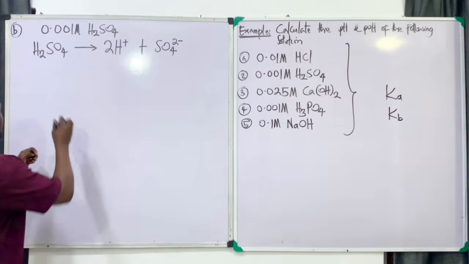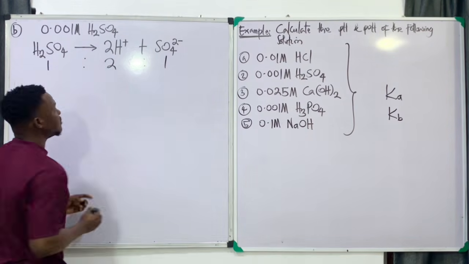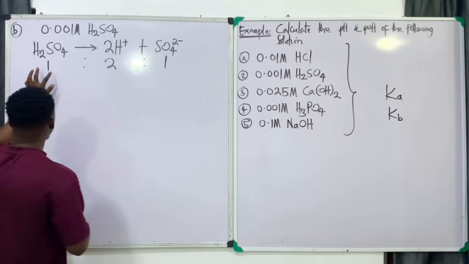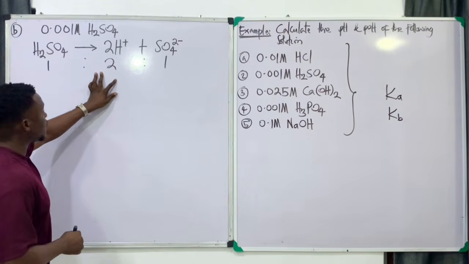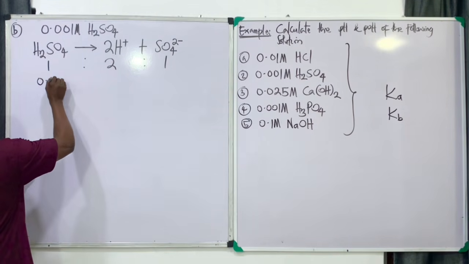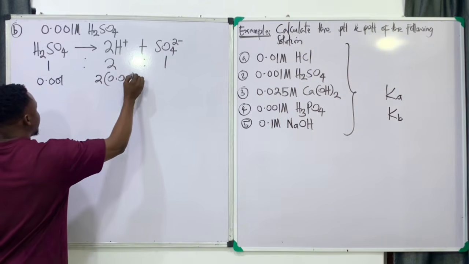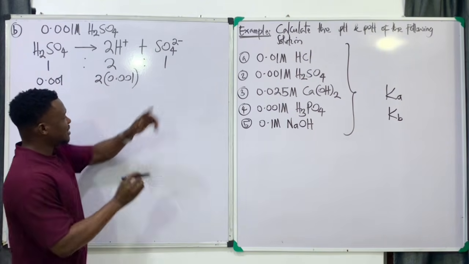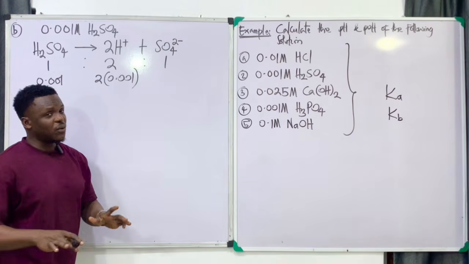Now the ratio here is going to be 1:2:1, which means if here is 1, here will be 2. So if here is 0.001, here will be 0.002. So we'll say this is 0.001, and this guy will be 2 times 0.001. I am not interested in this because I will not use SO4 2 minus to carry out any calculation.